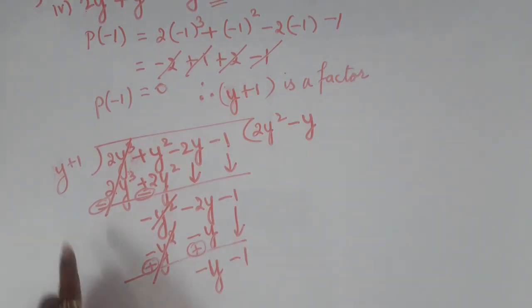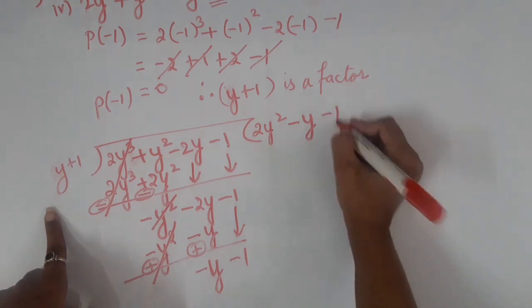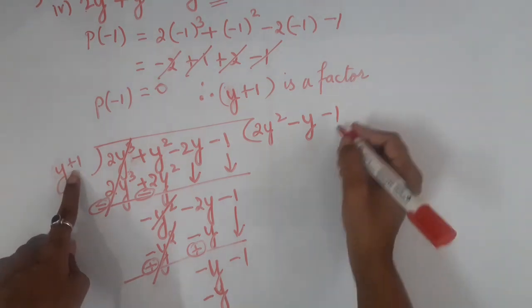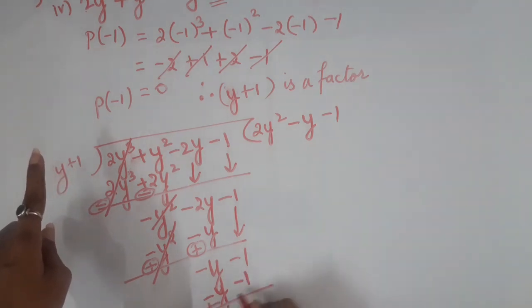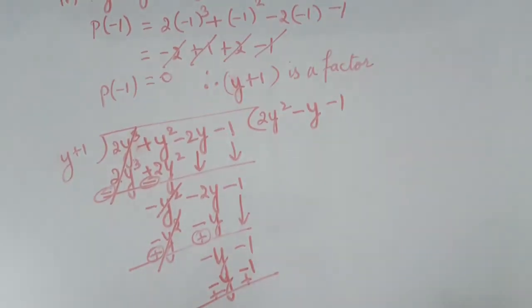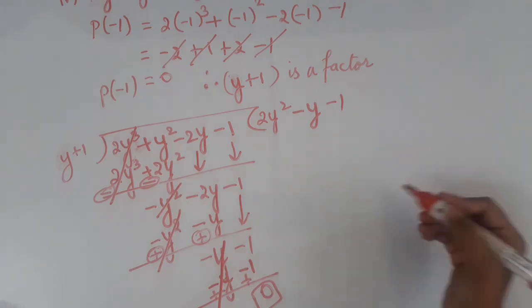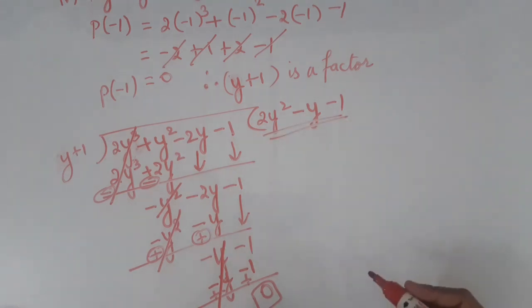Now with what should I multiply y to get minus y? With minus 1. So y into minus 1, minus y, and 1 into minus 1, minus 1. Change the signs. Minus y plus y cancel, minus 1 plus 1, 0. So we knew that the remainder is going to be 0. What we were interested in was the quotient.